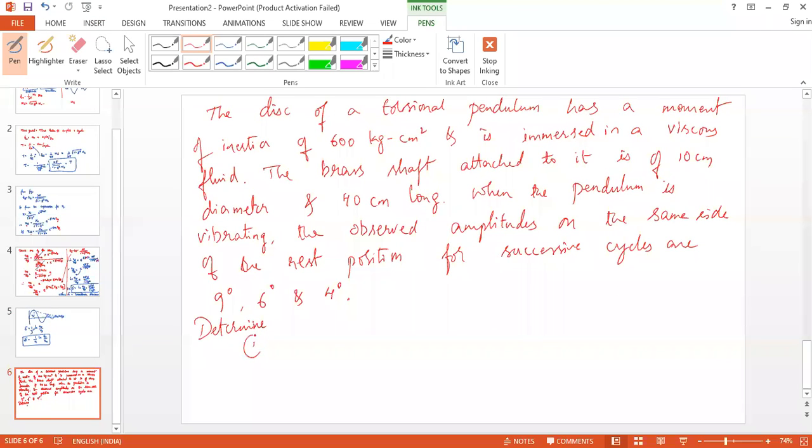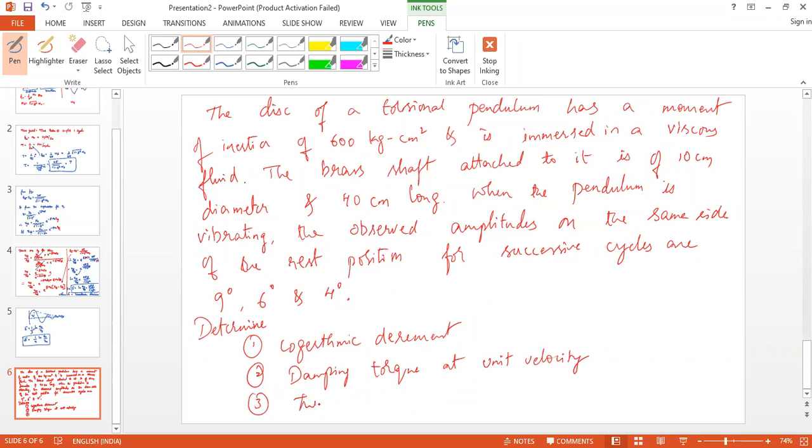Determine number 1, the logarithmic decrement. Number 2, the damping torque at unit velocity.